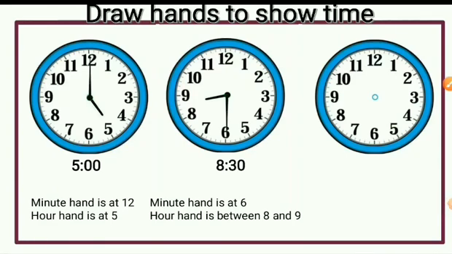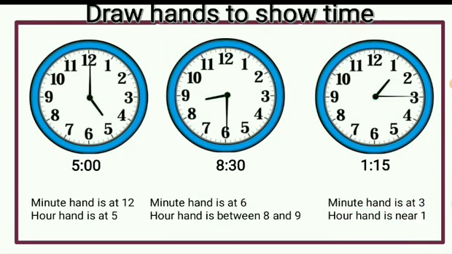Okay, now let's try to show one more time, 1:15. How many minutes is it showing? 15 minutes. So where will the minute hand be? 3 5s is 15, so the minute hand will be at 3, and it is 1:15, so it has just passed 1 hour, so the hour hand will be near 1.